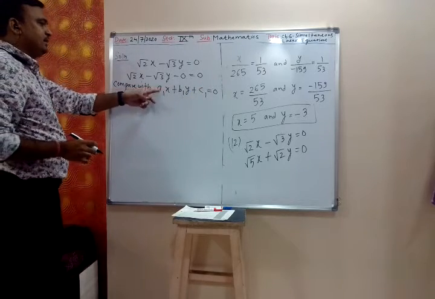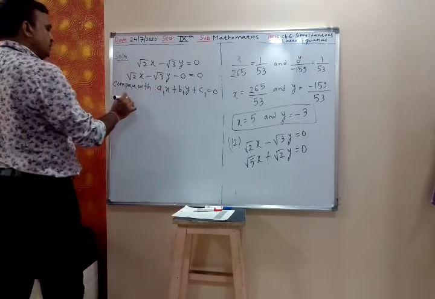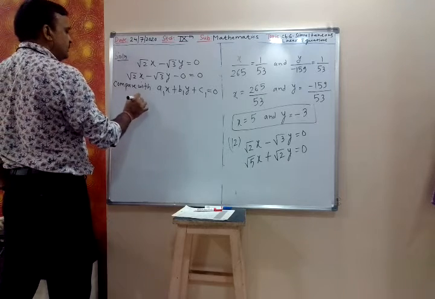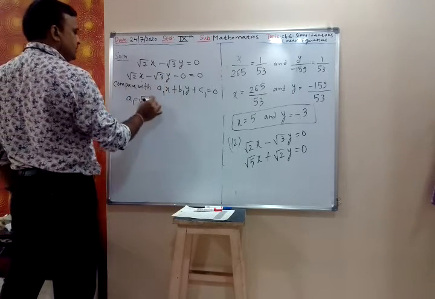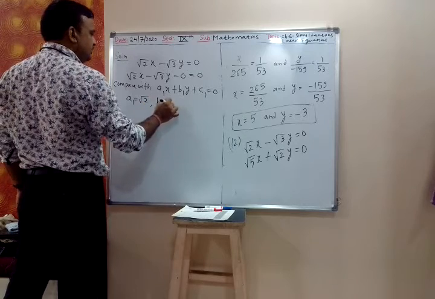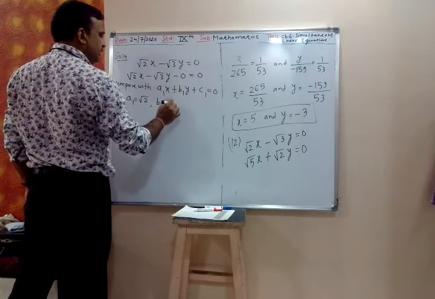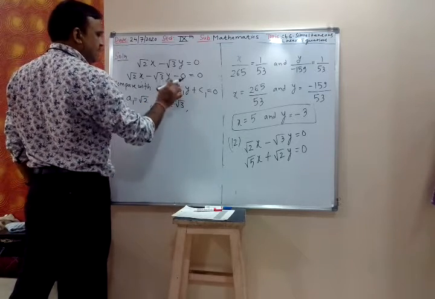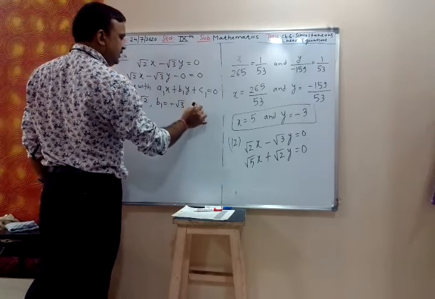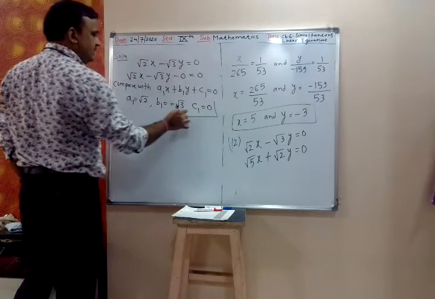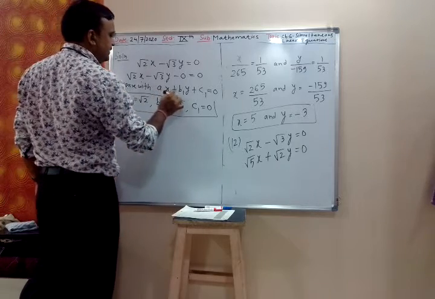Coefficient of x is a1, coefficient of x is root 2, so a1 is root 2. Coefficient of y is b1, coefficient of y is minus root 3, so b1 is minus root 3. And the constant term is c1, so c1 is 0. In this way we have got the values of a1, b1, c1.